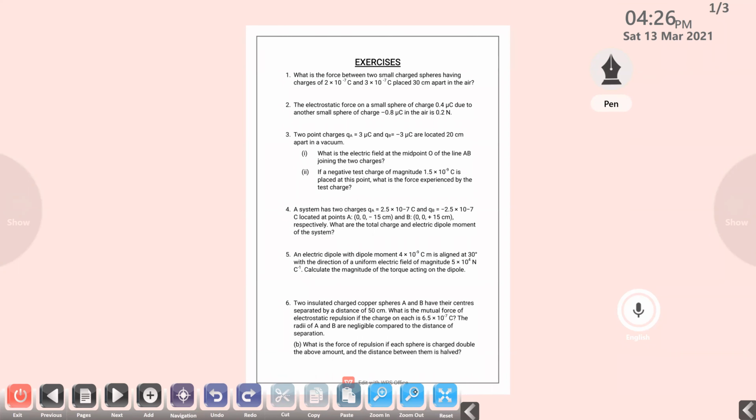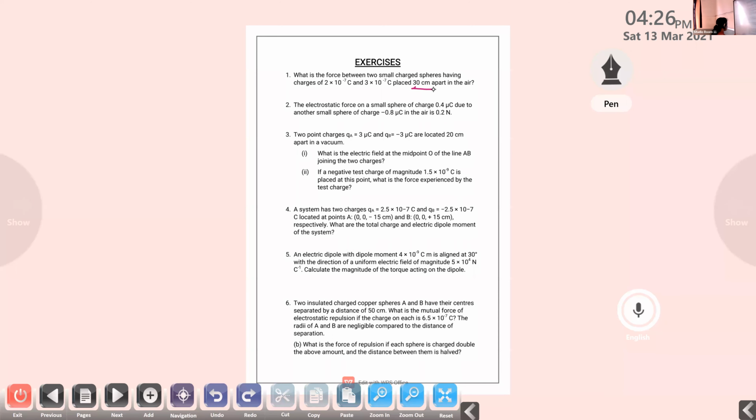Okay. So in this question, two charges are given. We can take 2 into 10 raised to minus 7 coulomb as Q1 and 3 into 10 raised to minus 7 as charge Q2. And what is the distance of separation between them? It is 30 centimeter, right?